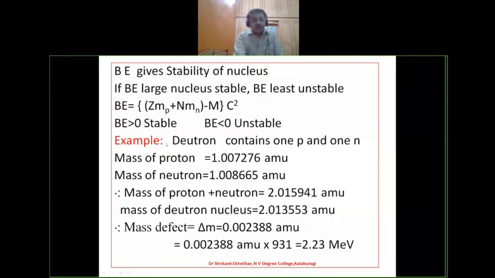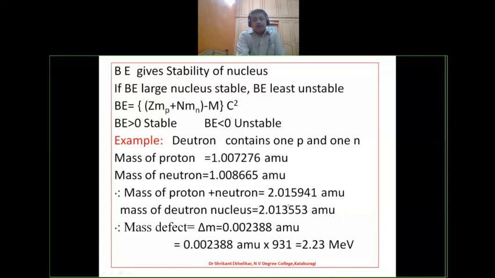This is the deuteron, which consists of 1 proton and 1 neutron inside the nucleus. It is represented by 1H2. The mass number is 2, that is 1 proton plus 1 neutron, whereas the charge is only 1 because only 1 proton is there.